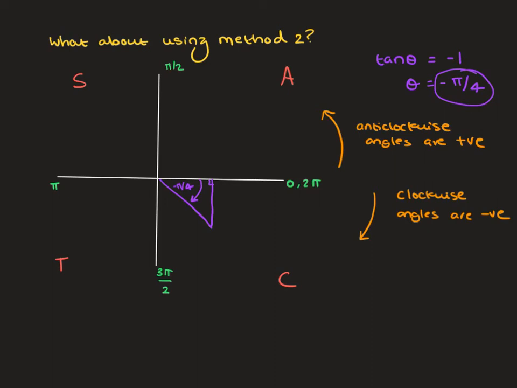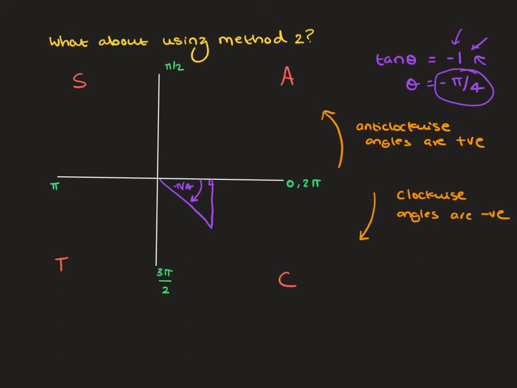But I need the tan of the angle to be -1. What I'm going to do is flip this triangle so that it is in quadrants where tan is negative, because tan has got to equal -1, but where we're measuring the angles in an anti-clockwise direction, so that the angles are actually positive.